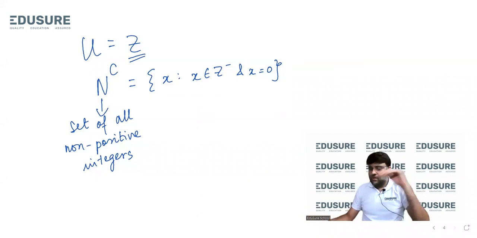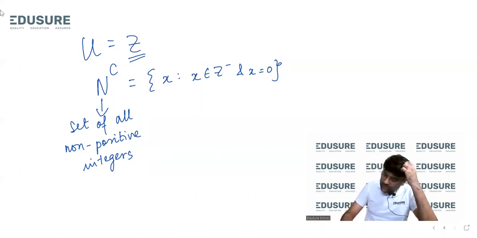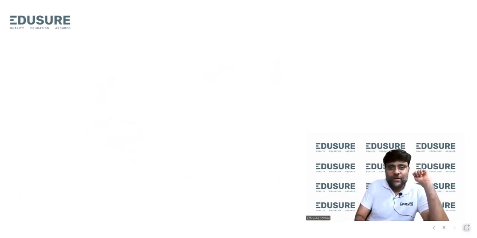So that's about the difference of a set and the complement of a set. Now let's understand the power of a set. The power of a set we've already done. Now let's understand union and intersection of sets. This is something that we already know.